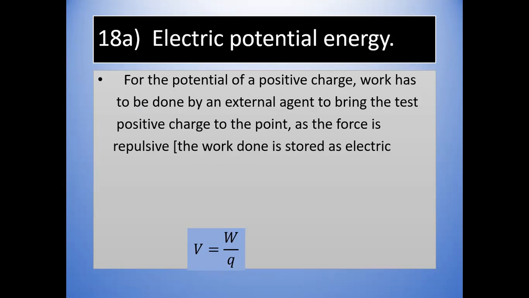It's going to be a repulsive force, so the external agent has to do the work. This work is stored as potential energy. So when you let go, the charge will go to infinity, where the potential energy is 0.